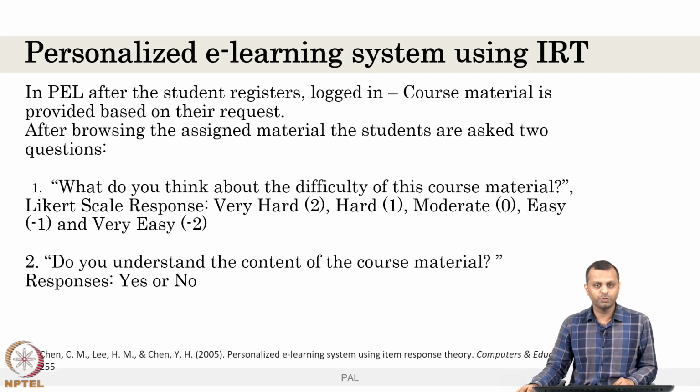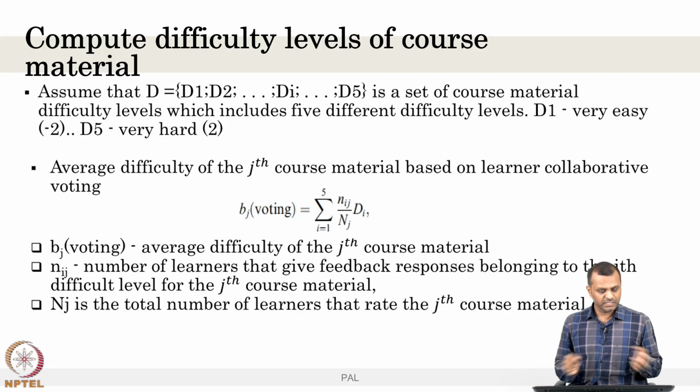So let's see how to use these two data to first identify the difficulty of questions, and second to identify learner ability. The difficulty level is assumed based on the average voting. Suppose a student answers 2, 1, 0, -1 or -2. Based on that, we are able to measure the average voting.